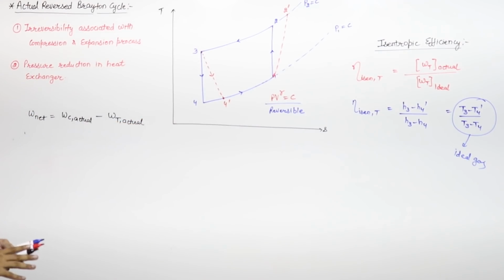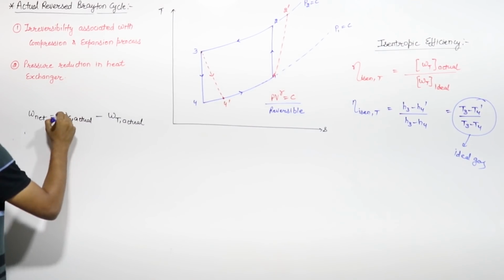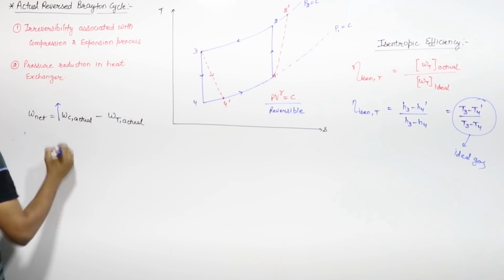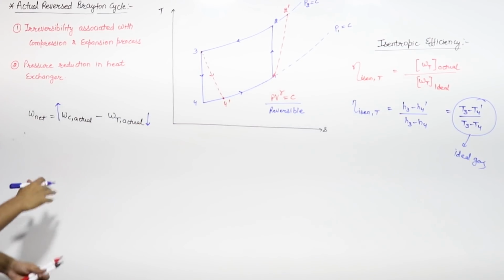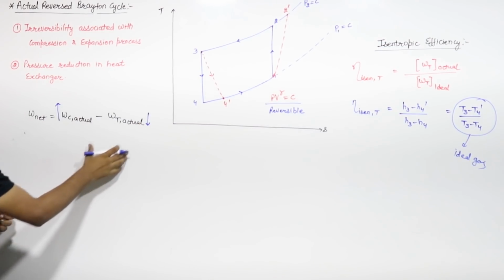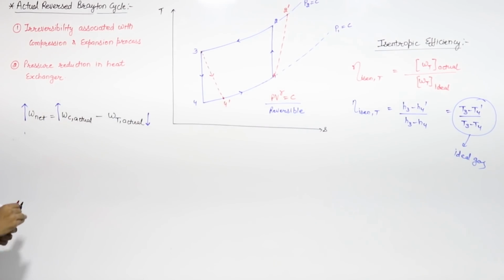Actually the work required by the compressor is more and the work produced by the turbine is less. If this is more and this is less, then you can say that W net is increased, right?